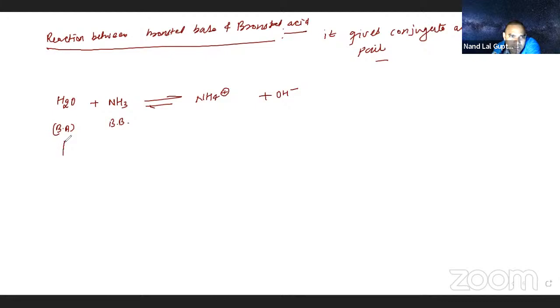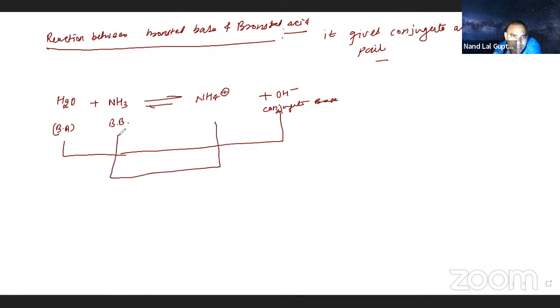So Bronsted acid is having a conjugate base, and Bronsted base is having a conjugate acid.